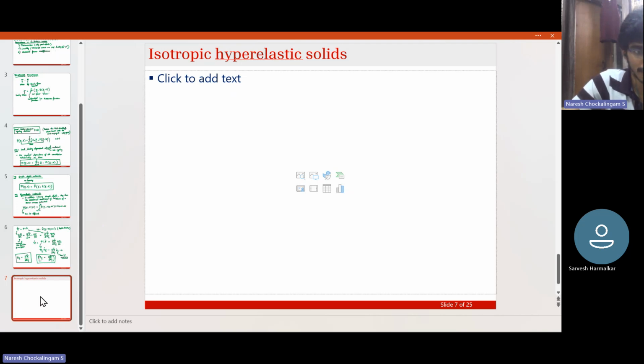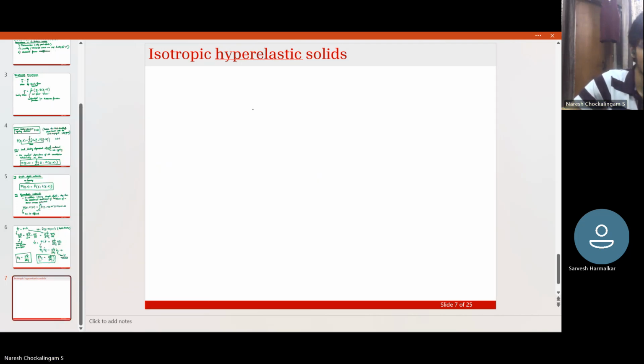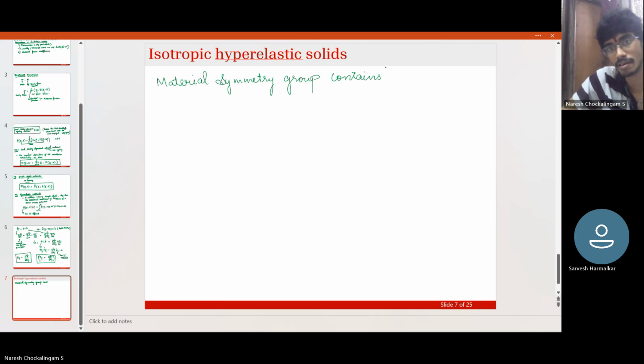Now, a special case of hyperelastic solids is the isotropic hyperelastic solid. So isotropic means, the correct definition of isotropic is that the material symmetry group contains all proper orthogonal rotations.